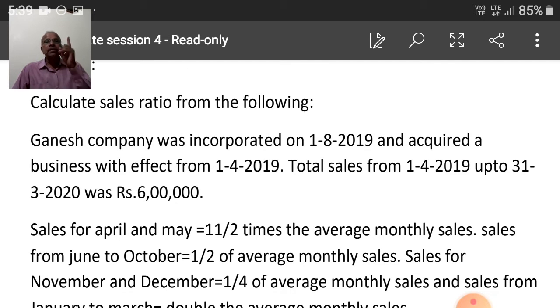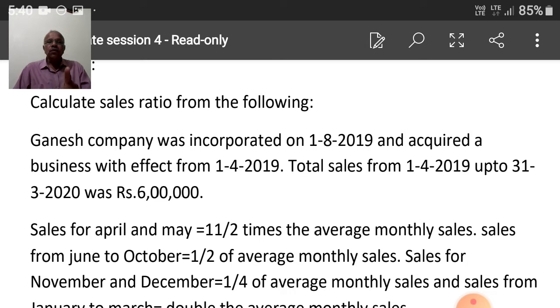The sales concerned to the post-incorporation period are the post-incorporation sales.